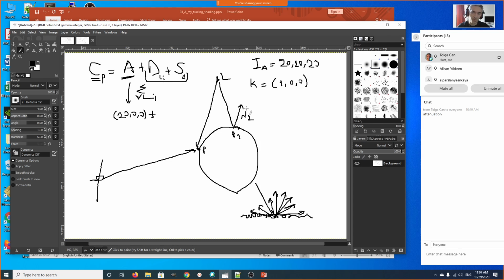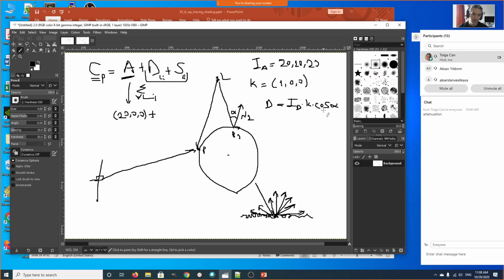So if the normal vector at the surface point is n, and this is the light rays' incoming direction to this point P, and this angle is alpha, then the diffuse component is equal to the diffuse power of the light times the reflectance coefficient times cosine alpha. Okay, it's this simple.